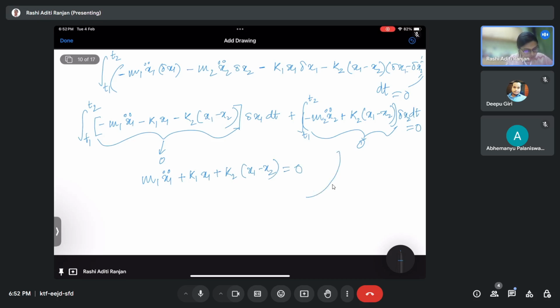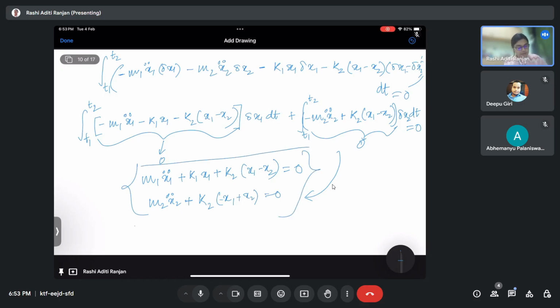And from this, I'm going to get m2 x2 double dot plus k2 (x1 minus x2) is equal to 0. So I'll change the signs. These are my two equations.